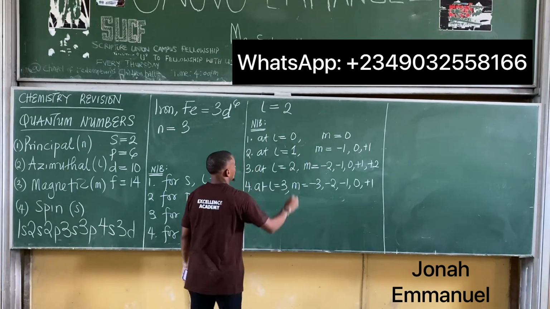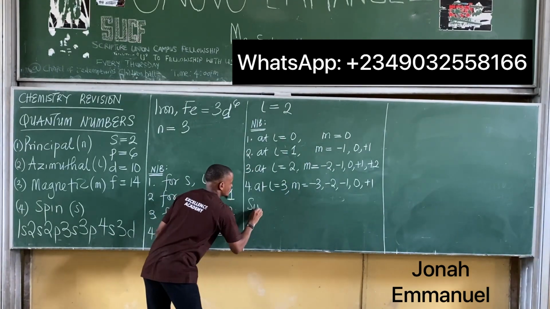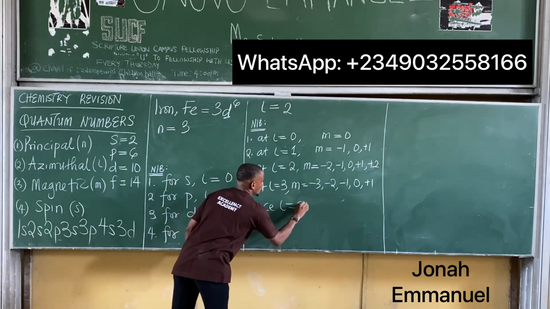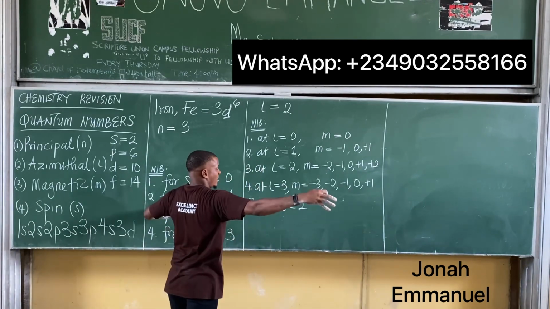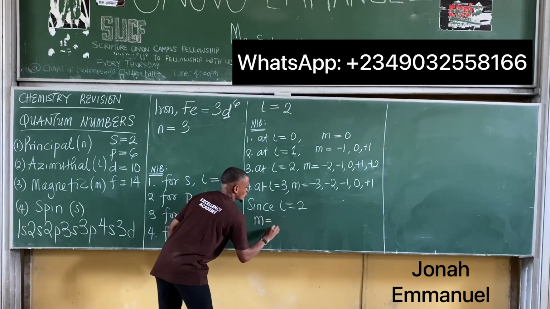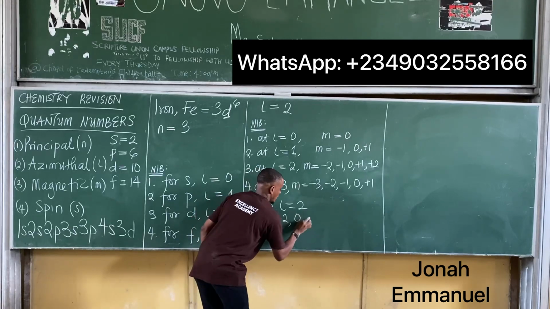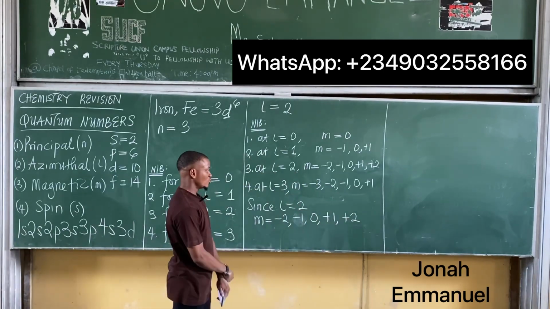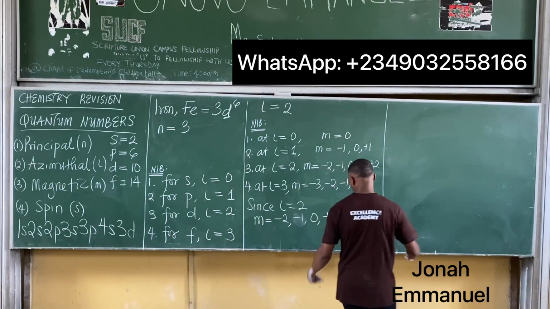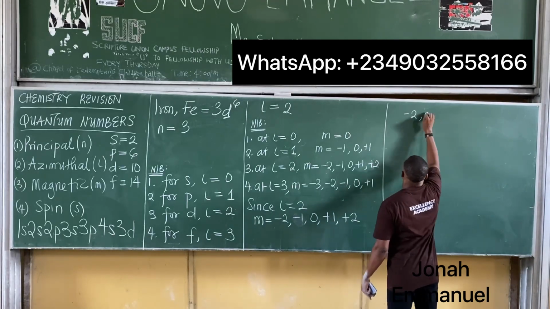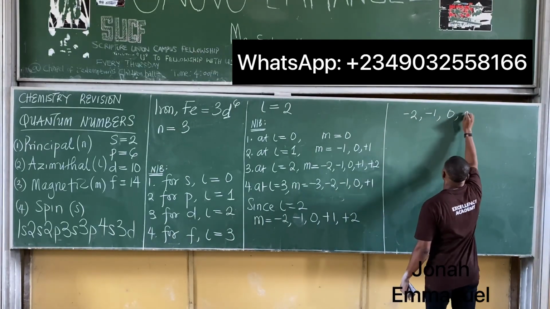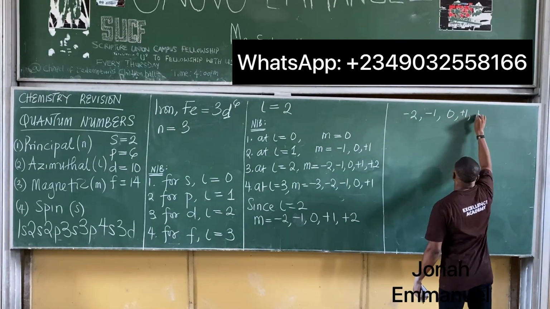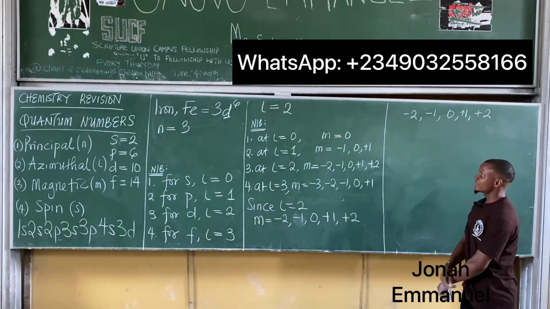Let's get M. Since L is equal to 2, what will be the range for M? M will be equal to minus 2, minus 1, 0, plus 1, plus 2. So we know how to get the exact one. My task is very simple.